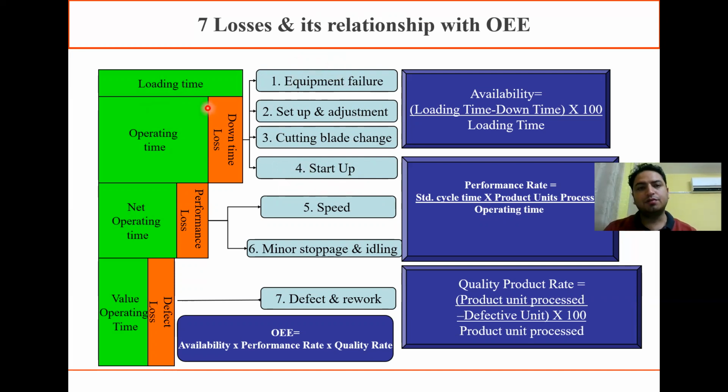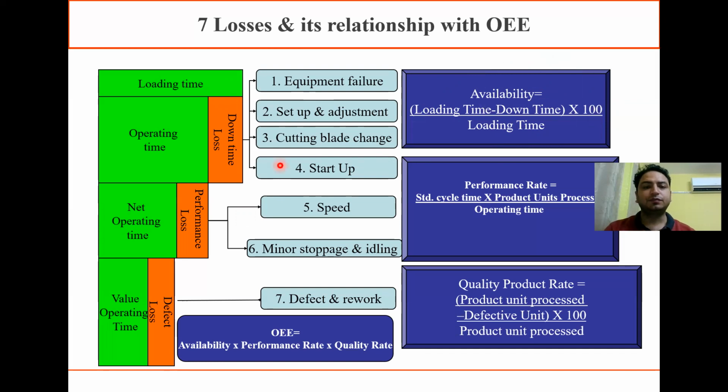So the operating time left will be 480 minus 80, that is 400 minutes, available to the operator for production. Next we calculate the availability based on this timing: operating time divided by loading time, times 100.